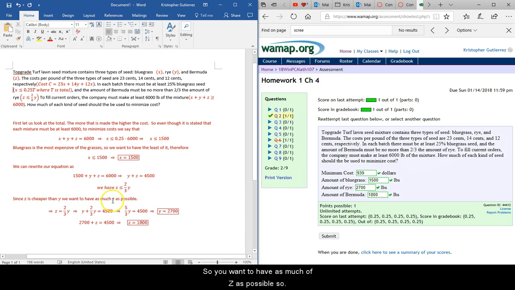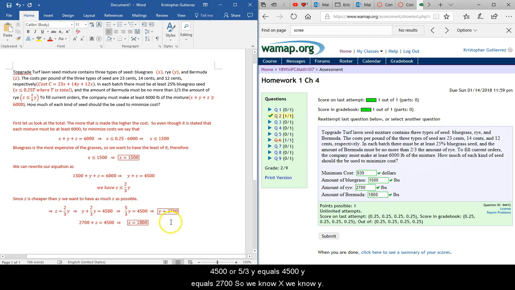Alright, so we want to have as much of Z as possible. So we want the biggest amount, so that's going to be Z is equal to 2/3 Y, which if we plug Z equals 2/3 Y into this equation, we get Y plus 2/3 Y equals 4,500, or 5/3 Y equals 4,500, which gives us Y equals 2,700.